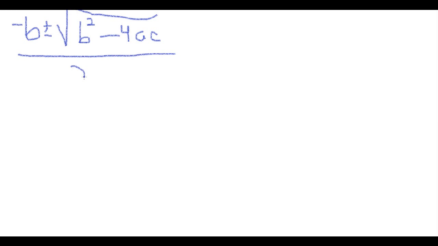Alright, the quadratic formula is minus b plus or minus the square root of b squared minus 4ac over 2a.